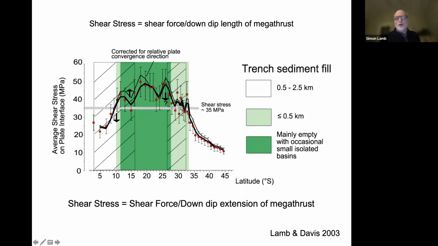But as you go down into the southern Andes, the stress becomes very low, only about 10 megapascals, because the tectonics in the Andes is not changing along its length. So that variation in topography is reflecting the variation in the stress on the megathrust.